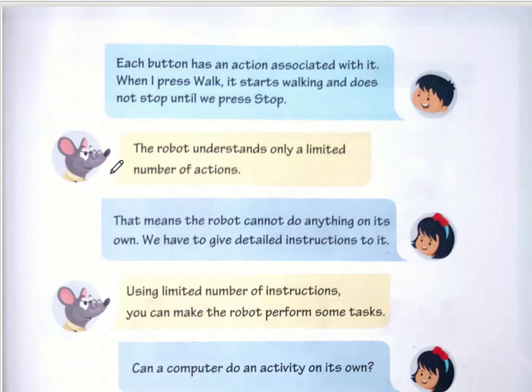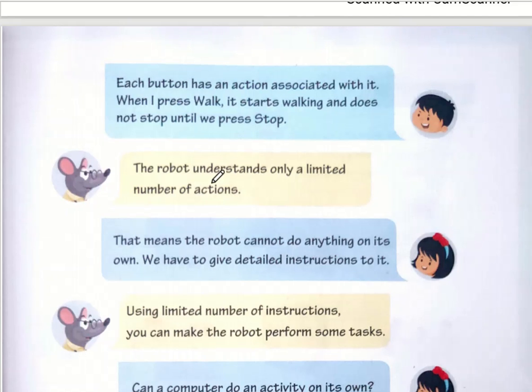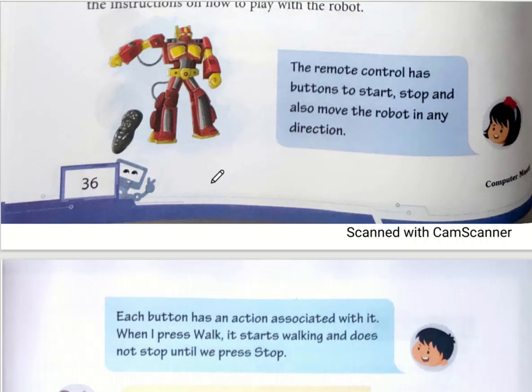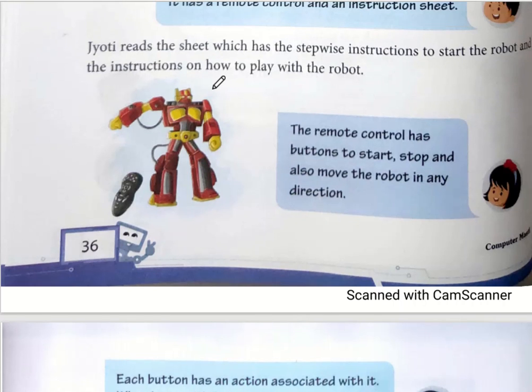Then Mose replies, the robot understands only a limited number of actions. As we have also seen, we have various toys that work on the instructions given by us. Here they have taken the example of a robot, but we can have a remote control car or truck, where whatever button we press, that toy behaves in the same way.